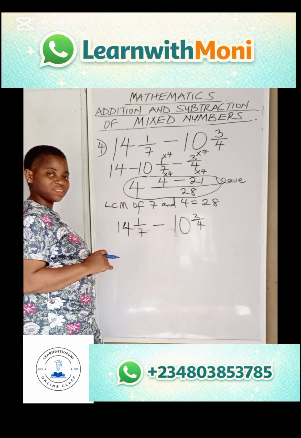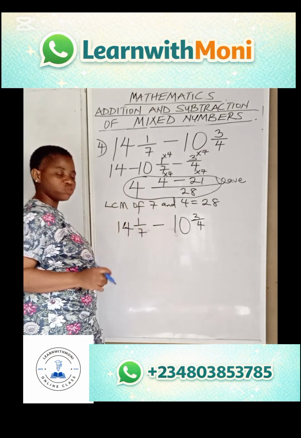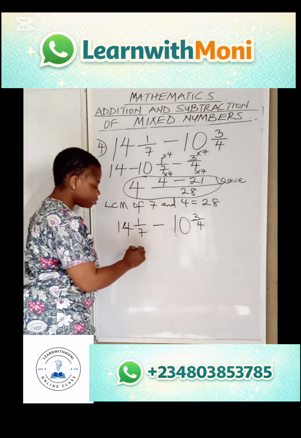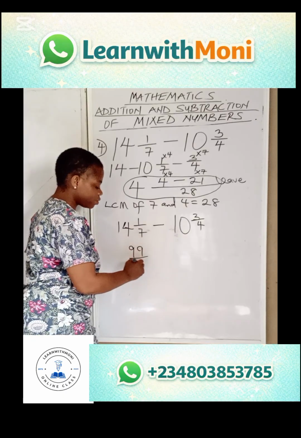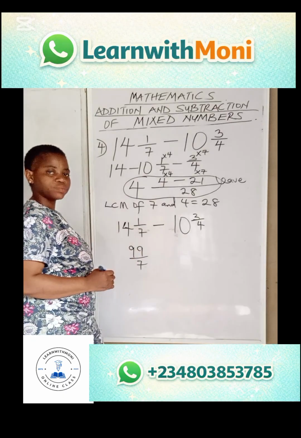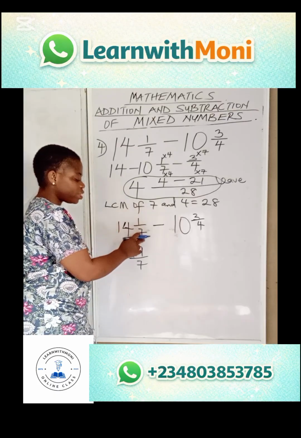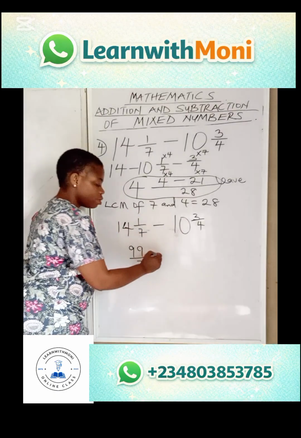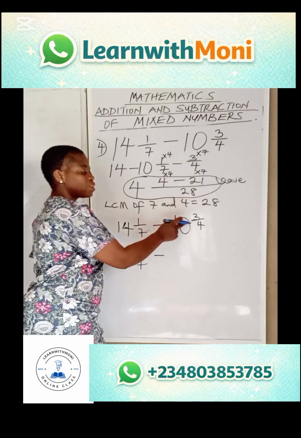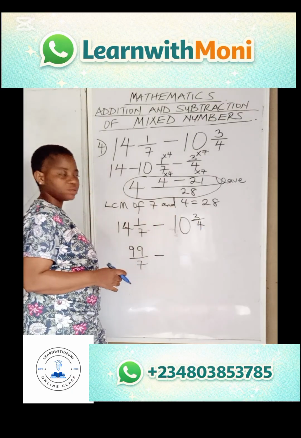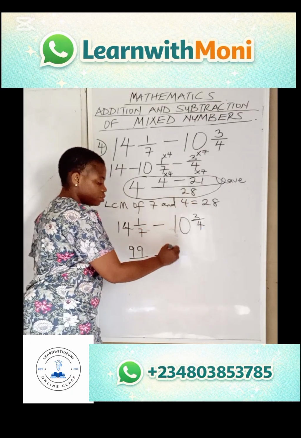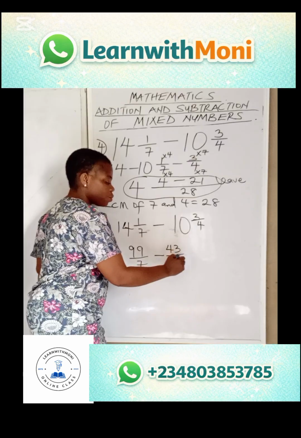So we have 98. 98 plus 1, that is 99 over 7. 14 whole number 1 over 7 gives 99 over 7. Minus 10 times 4, 40. 40 plus 3, 43 over 4.